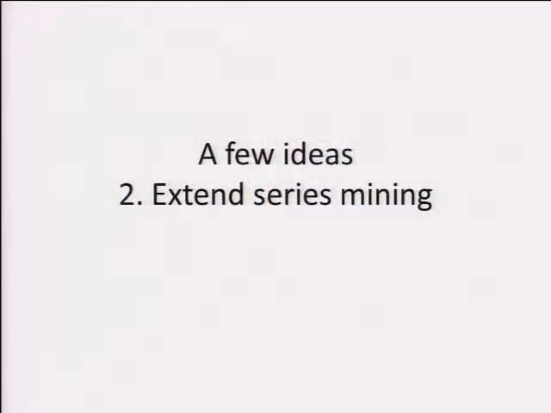The second idea would be, we deal with lots of different complex time series, so how do we extend time series mining? Standard mining goes through finding patterns in one series or in a couple of series, but always considering that everything happens within that time period.